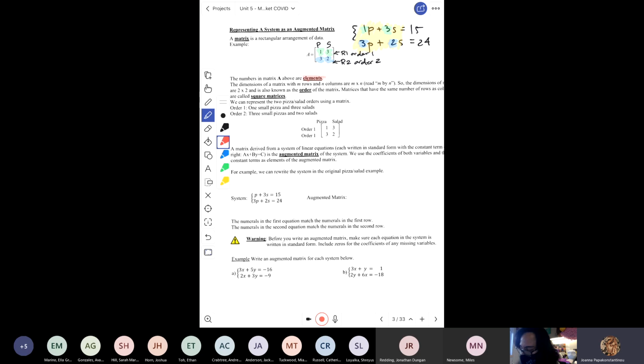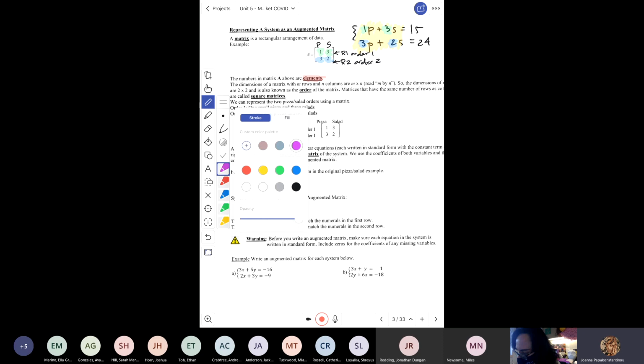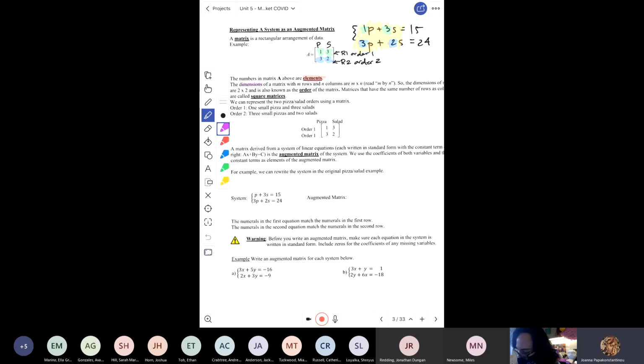Now, we refer to something as dimensions. The dimensions, and that's plural, dimensions of a matrix is represented by m, the number of rows, and n, the number of columns. It's written as m by n and read m by n.